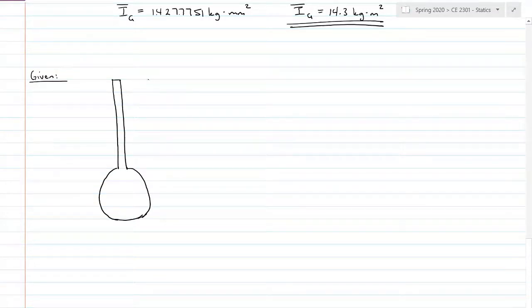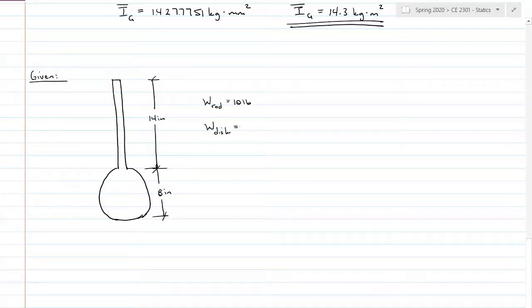So the rod is 14 inches in length and the disc is 8 inches in diameter, and the weight of the rod is equal to 10 pounds. The weight of the disc, or the flat circular plate, is 6 pounds.